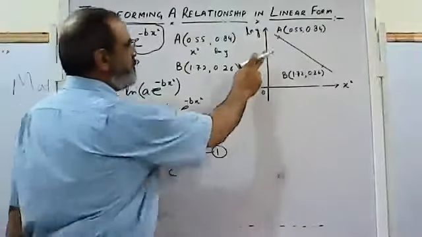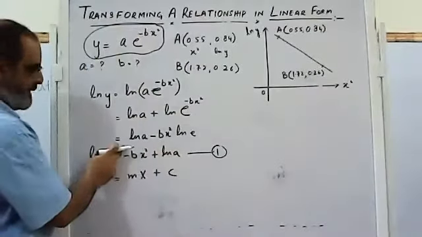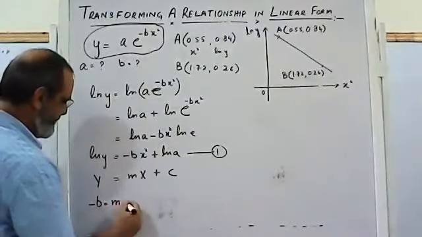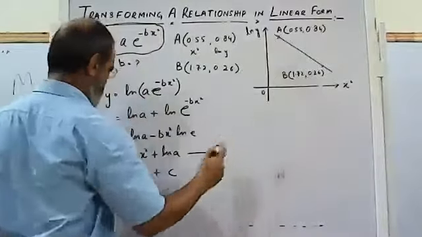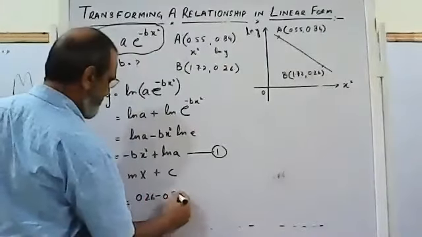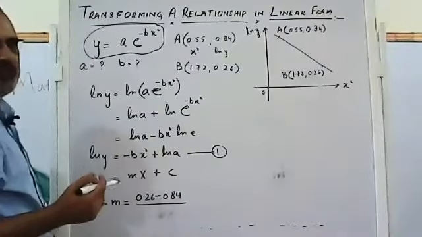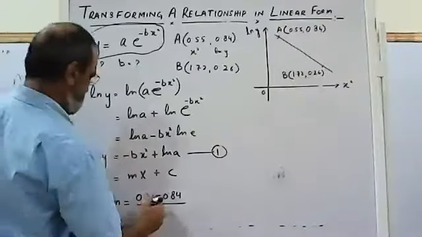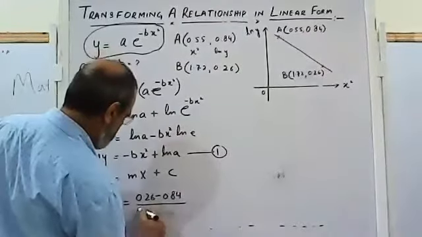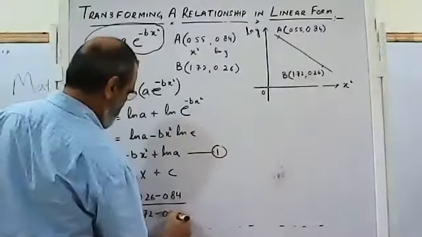Using these 2 points, I can find the gradient, and the gradient is equal to minus b. I can say minus b is equal to gradient, and using these 2 points, I can find the gradient as 0.26 minus 0.84, using rise over run, or y2 minus y1 over x2 minus x1, which is 1.772 minus 0.55.